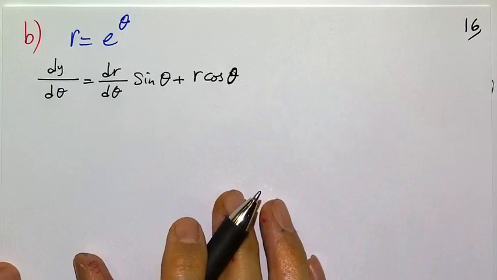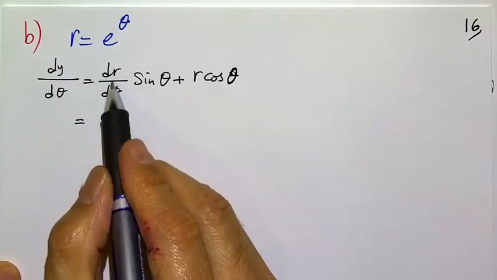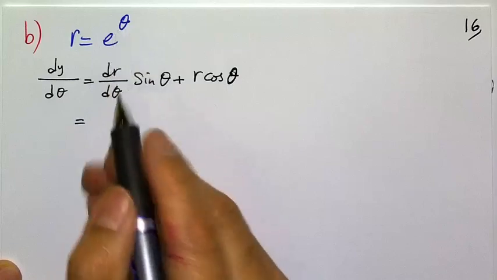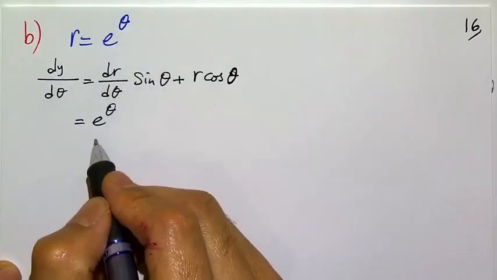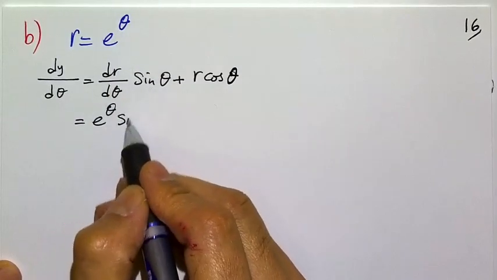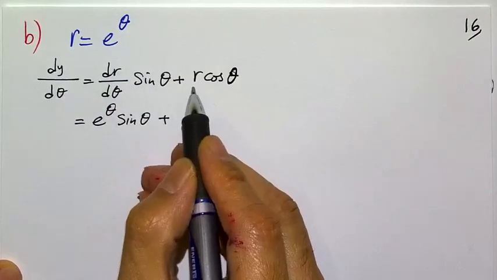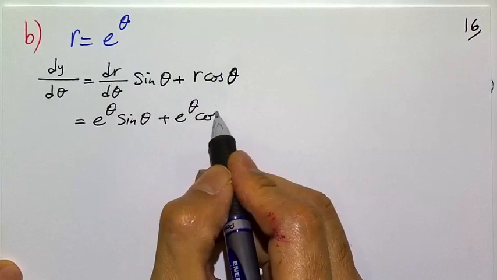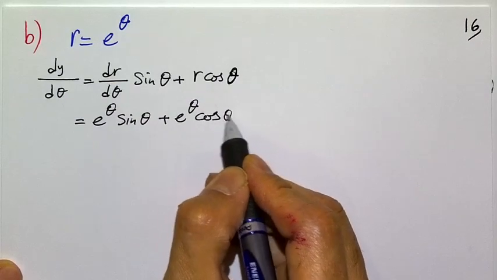So dr d theta is pretty straightforward. It will be just e to the theta power, times sine theta, plus r, which is again e to the theta power, times cosine of theta.